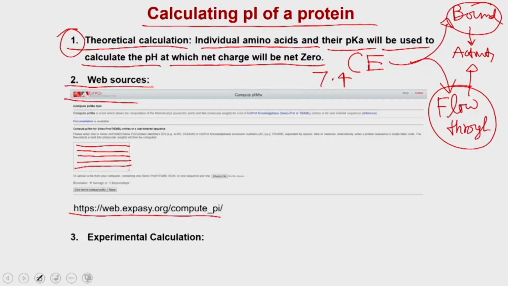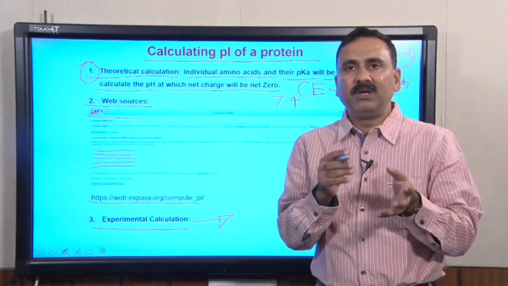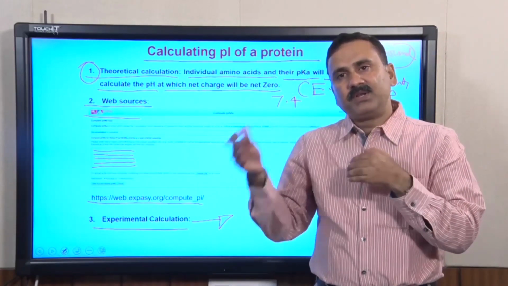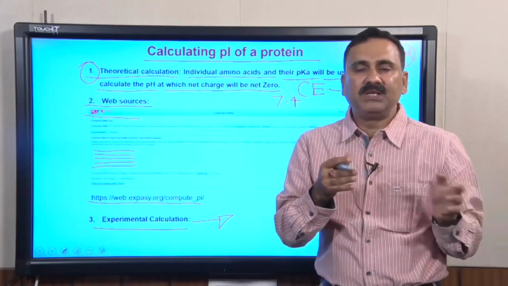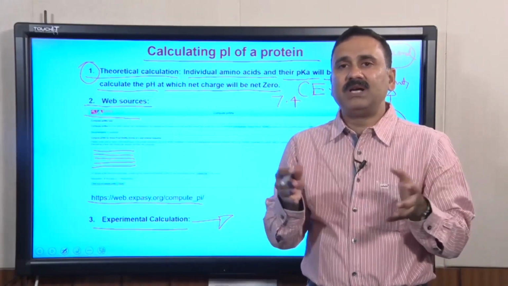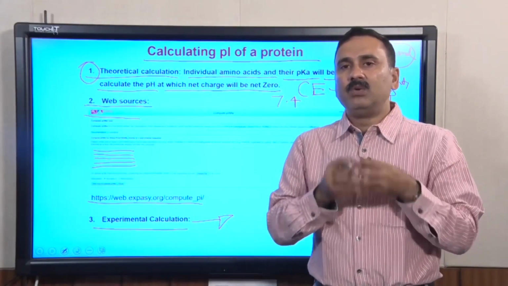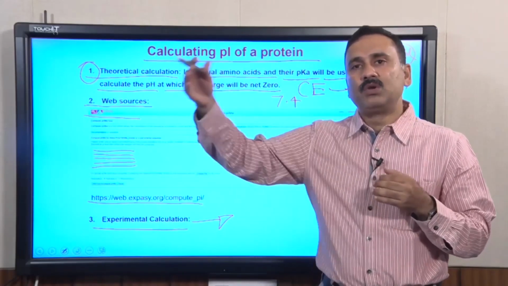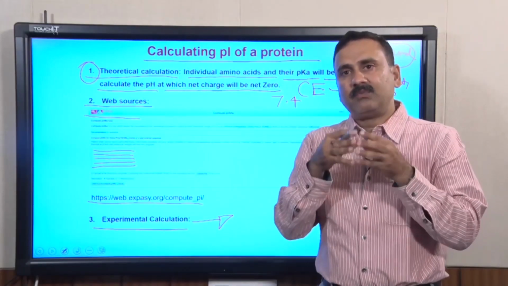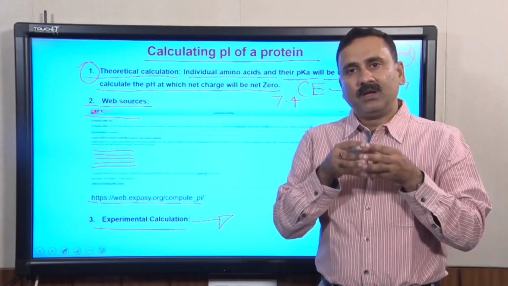Now, the third method is the experimental way of calculating the pI value. You know that the protein is soluble in a buffer simply because it has some positive charges and some negative charges, and those charges allow the protein to interact with the molecules of the buffer, and because of that the protein remains in solution.